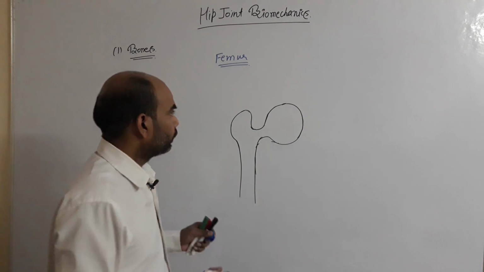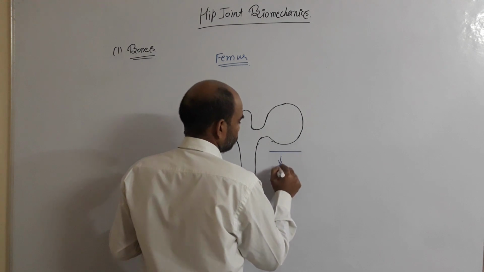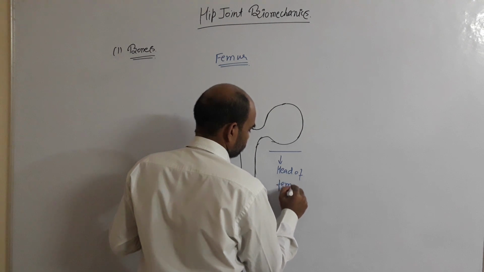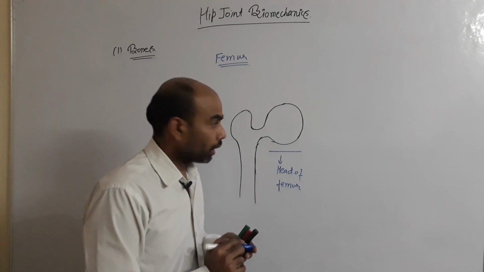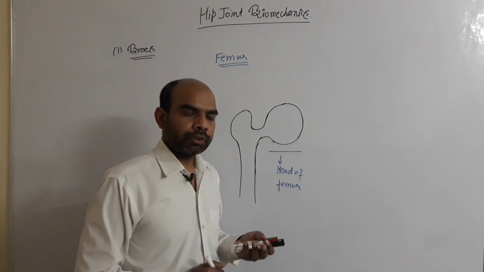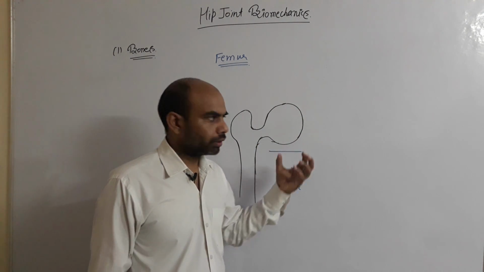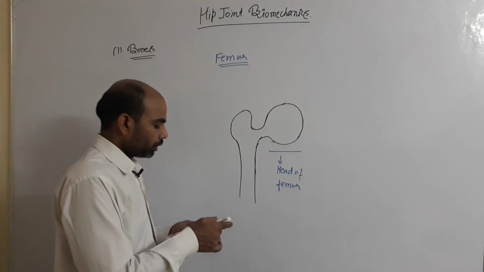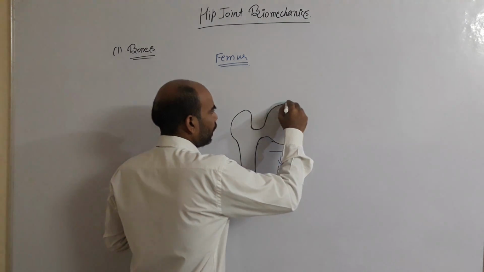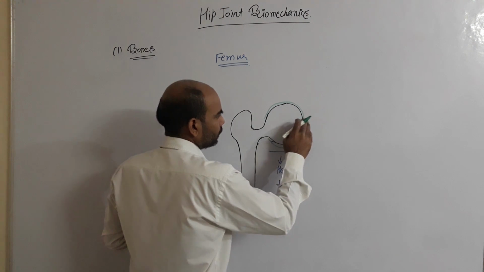Femur. In the femur, this is the head of femur. Because the hip joint is a classical example of a ball and socket type of synovial joint, the head is the classic ball in the socket of the hip joint, and it is a synovial joint, so the articular surface is covered with articular cartilage except its center.